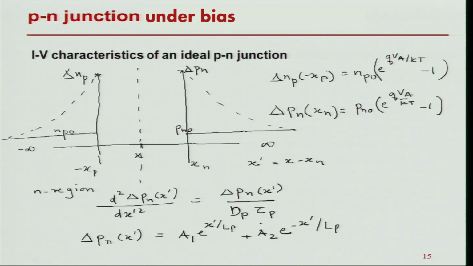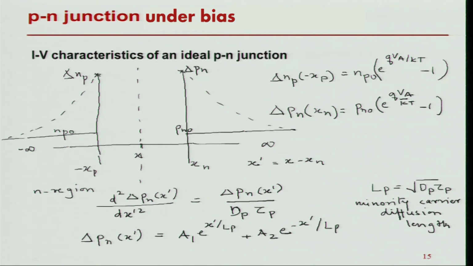Here we have used the minority carrier parameters, diffusion constant and lifetime, and used the minority carrier diffusion length, which is given by the square root of D times tau. This is known as the minority carrier diffusion length. So, we apply the boundary condition and see what solution we will get in the next lecture.